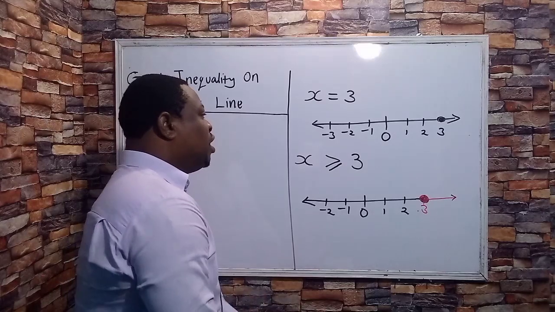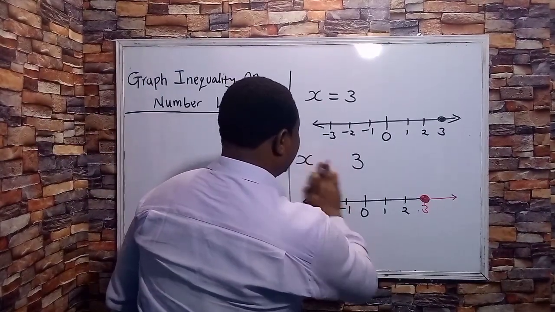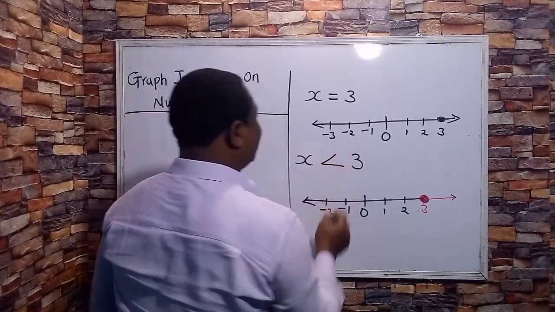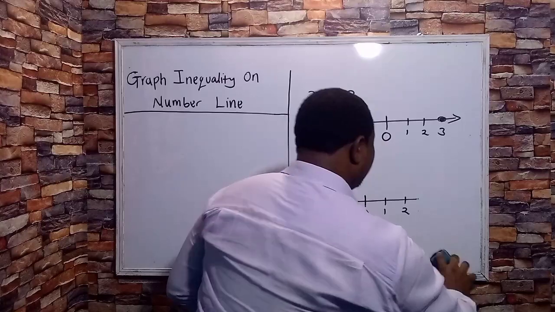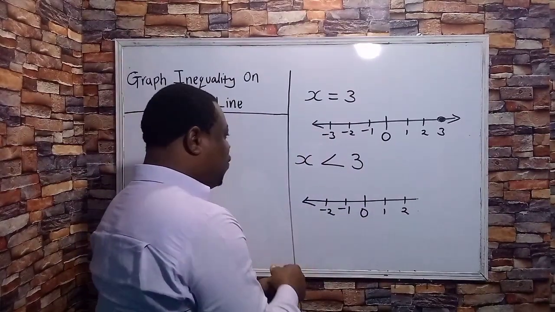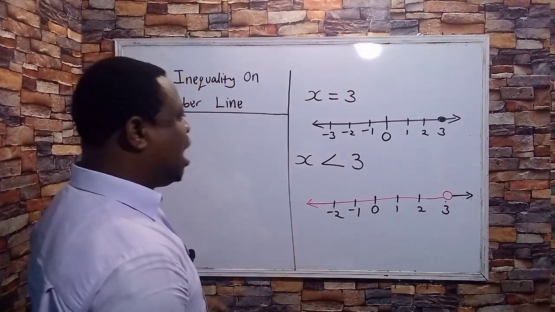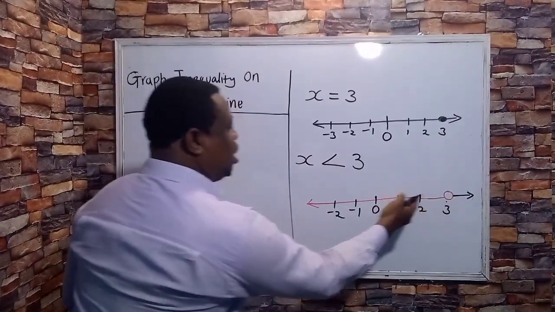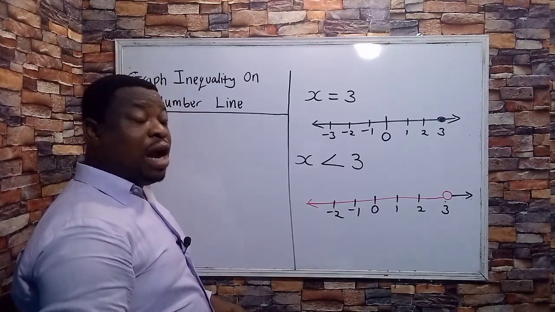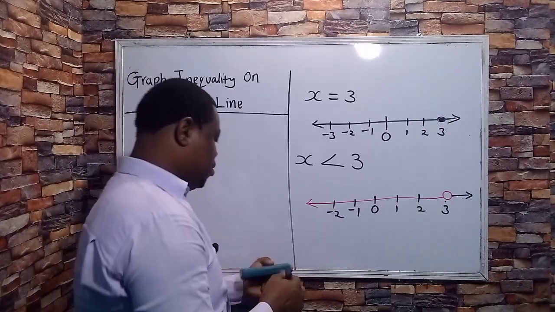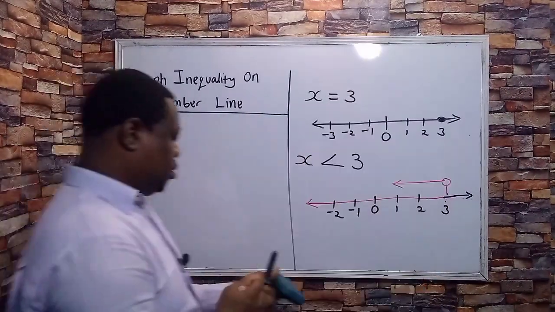Then, if the inequality says x is less than 3, how would the graph look like? This is the way the graph will look like. You can see the red line is facing this direction. Or you use this other one.